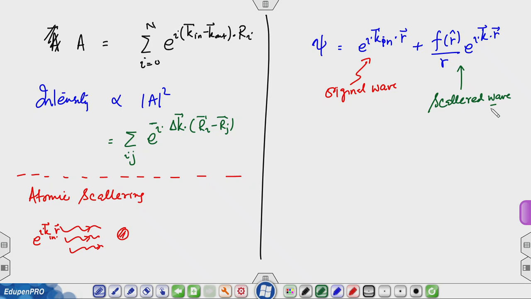In our case, there are different atoms at different places.